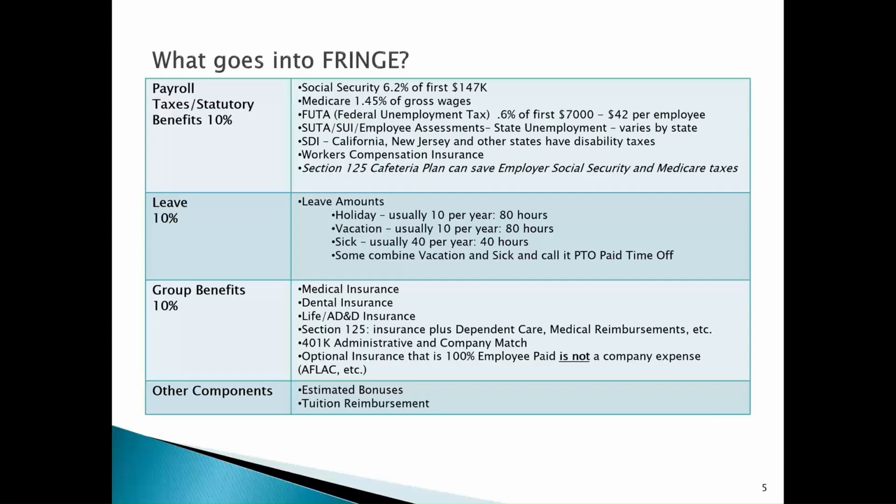But the other thing that comes into play here is what state or states are you doing business in? If you're working in southern states like Alabama, Georgia, Texas, Florida, Tennessee, Kentucky, those tend to be pretty lower cost states to do business with.